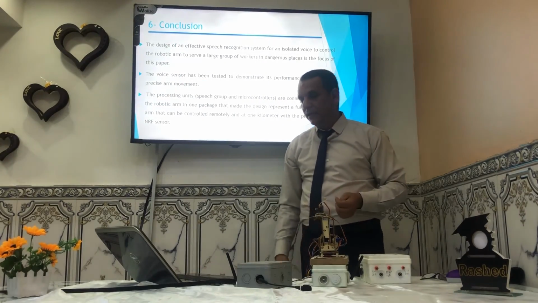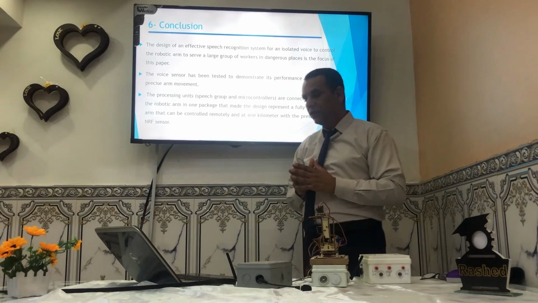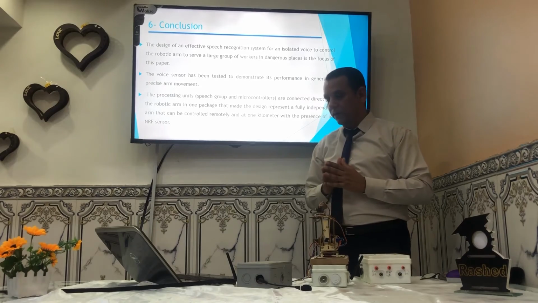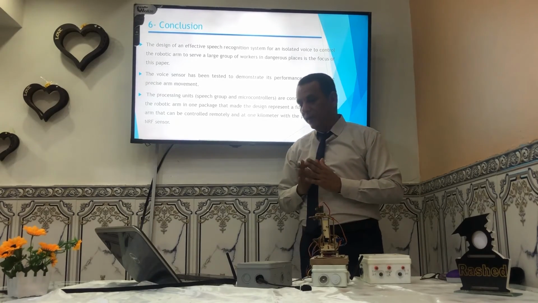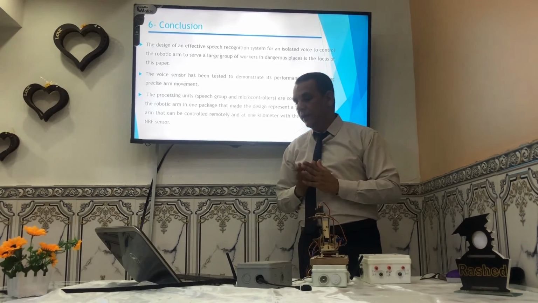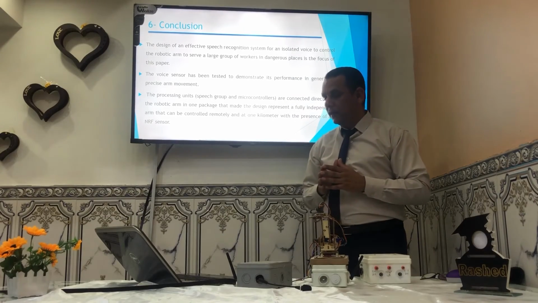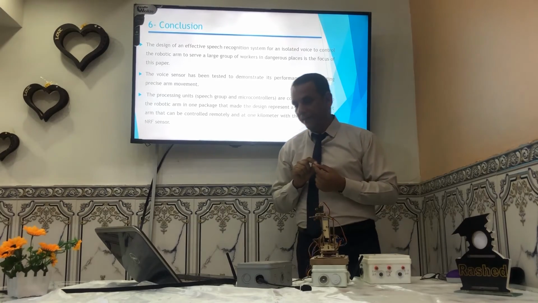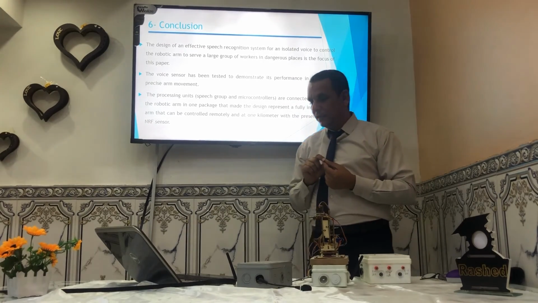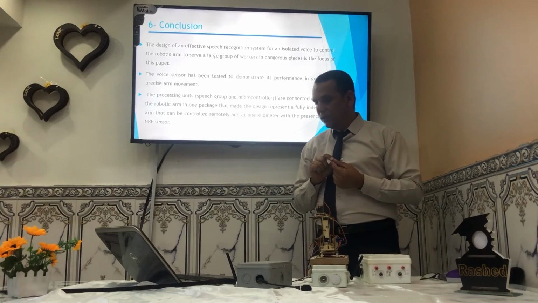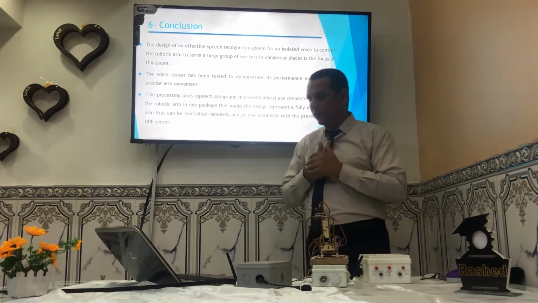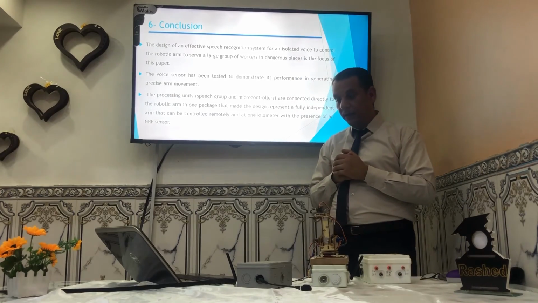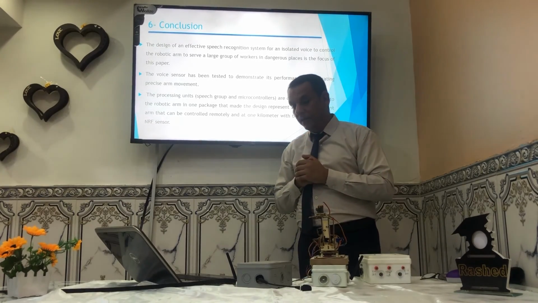Conclusion. The design of an effective speech recognition system for an isolated voice controlled robotic arm is to serve a large group of workers in dangerous places, which is the focus of this paper. The voice sensor has been tested to demonstrate its performance in general movement.